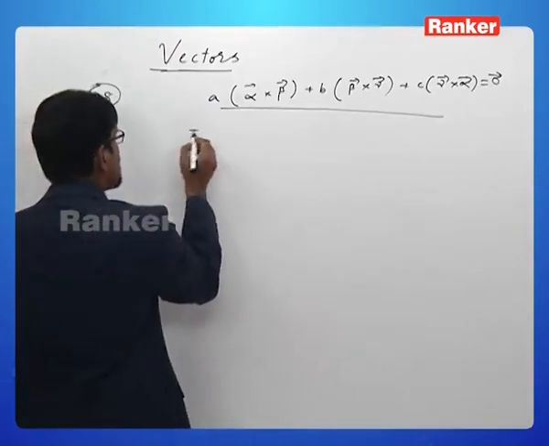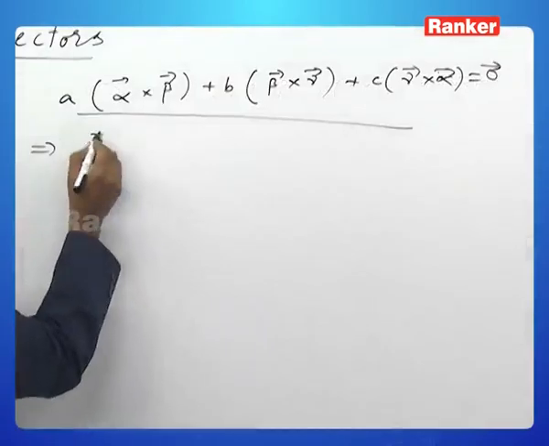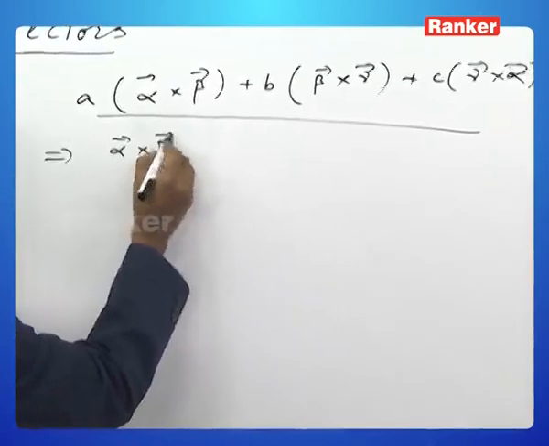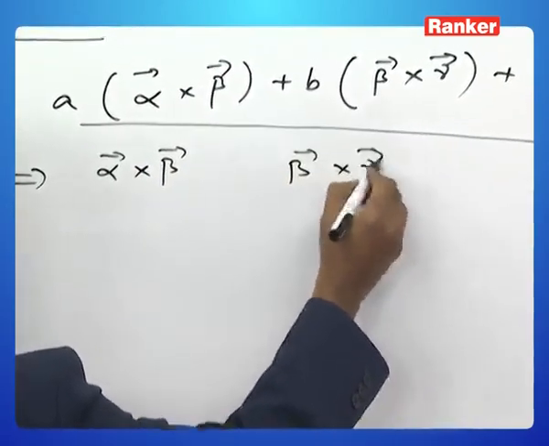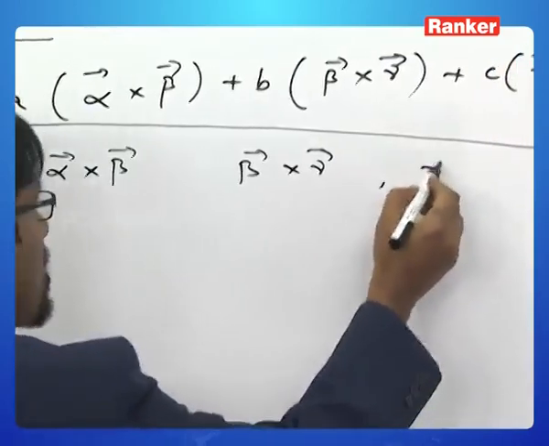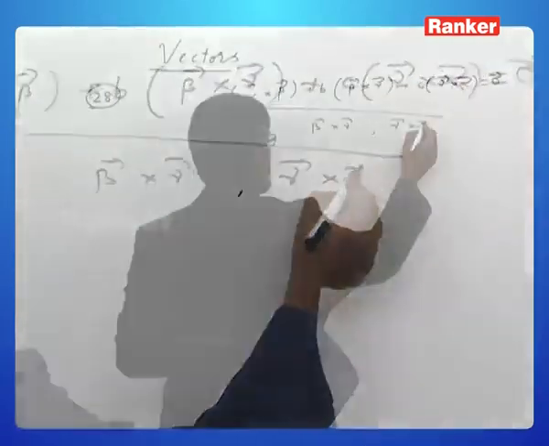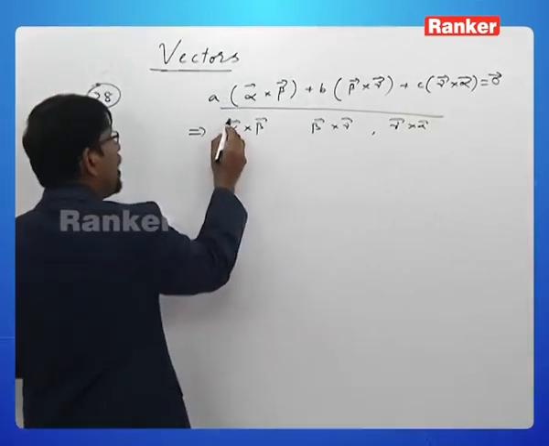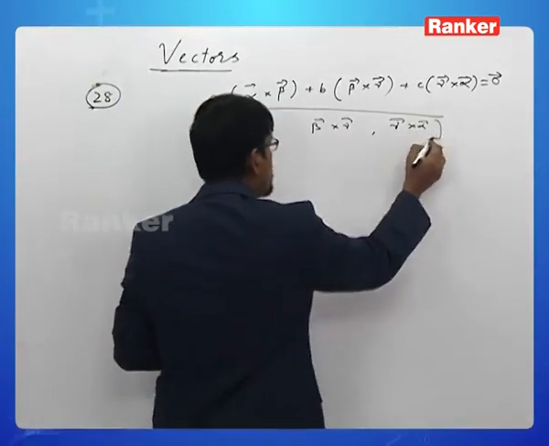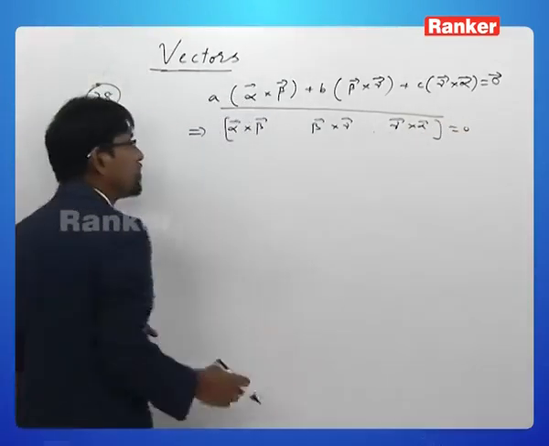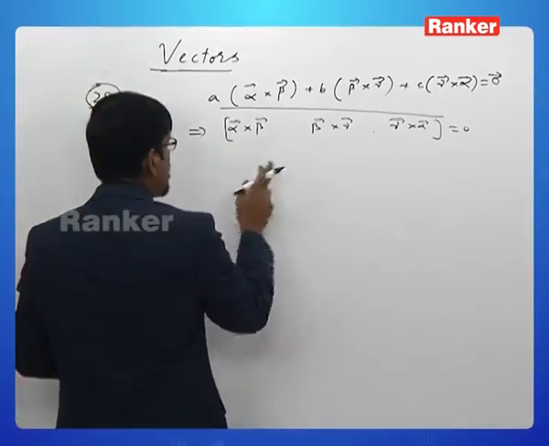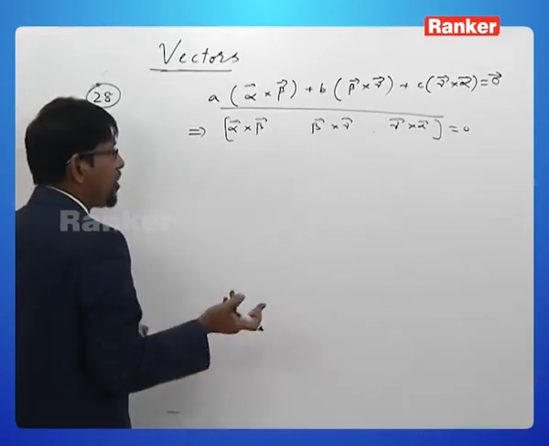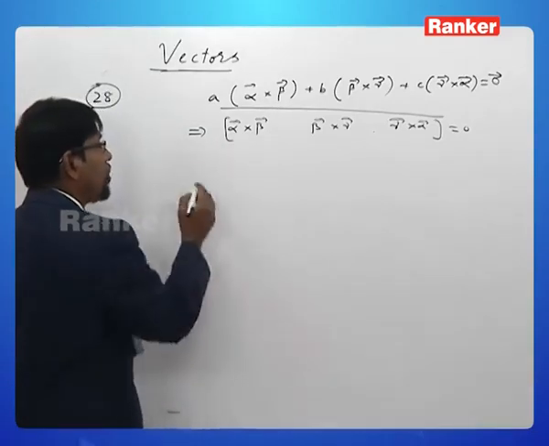So this implies alpha cross beta, beta cross gamma and gamma cross alpha are linearly dependent vectors and the box product of them has to be 0. Three linearly dependent vectors are also coplanar and hence the box product has to be 0.